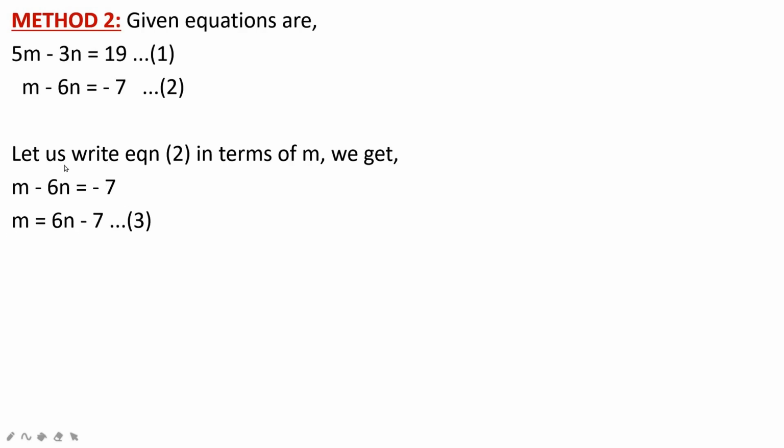Now you can represent equation 2 in terms of n also, or you can represent equation 1 in terms of m or n also. The reason why I chose equation 2 and represented it in terms of m is because m has the coefficient 1. If I had represented it in terms of n, then I would have to send this 6n over here, then 7 would have come here. It would have become m plus 7 upon 6.